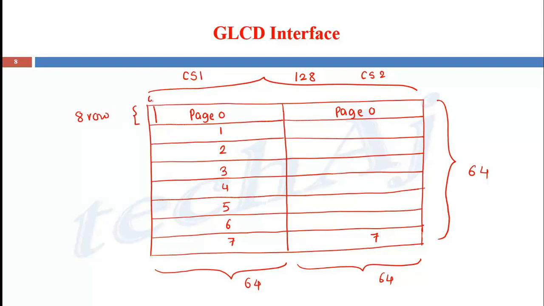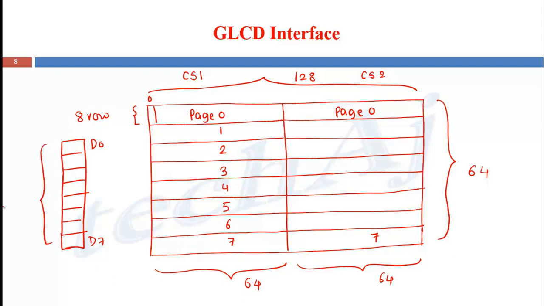So if we take the 0th column from page 0, we have 8 rows which are represented as D0 to D7. So whatever information is sent to a GLCD for displaying is sent in the form of a byte. And this byte of information will be written on each page column by column. So every column of each page has one byte of information.